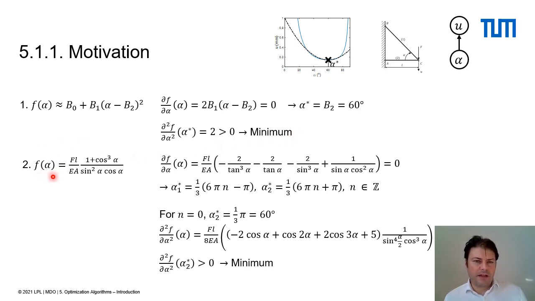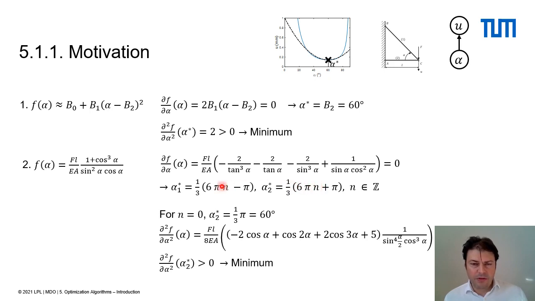So let's look at a slightly more complicated problem, where we have the objective function as an analytical closed form, and when we take the first order derivative to come up with necessary conditions, it becomes more messy. You come up with all these trigonometric expressions, which you would have to set equal to 0 in order to solve for necessary optimality conditions. You come up with this expression telling you that there are several optimum candidates.